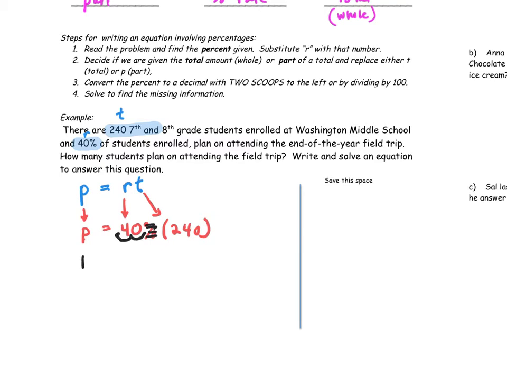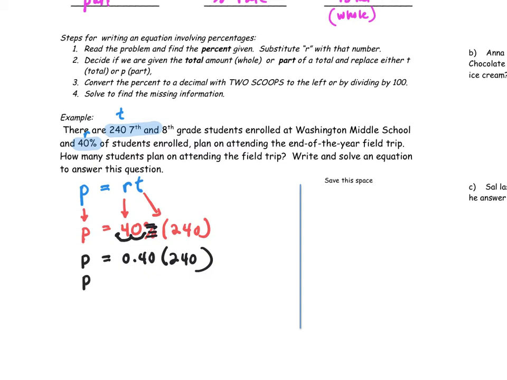So we now have part equals 0.4. That 0 is our placeholder for the ones column. And we could put 0.4 if you prefer to add the 0. That's fine. And we're going to multiply that times 240. So pause and use your calculator for me and then write the answer.